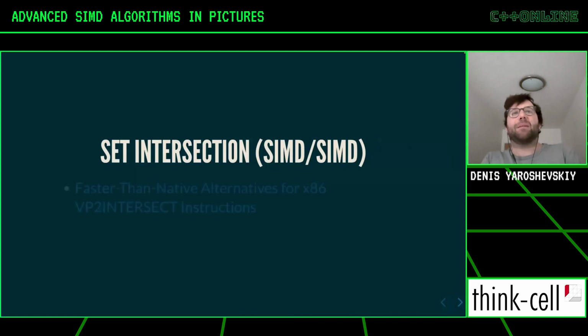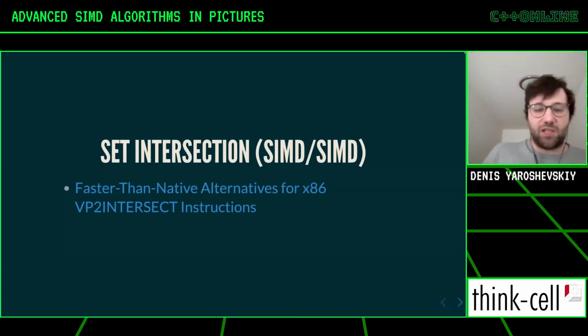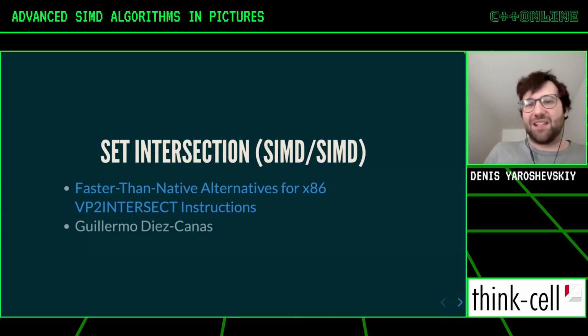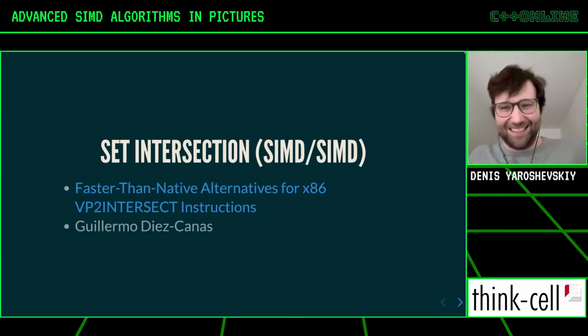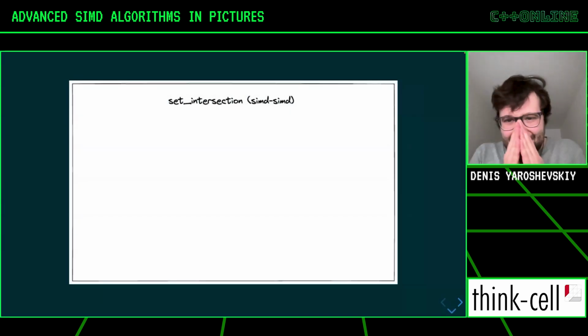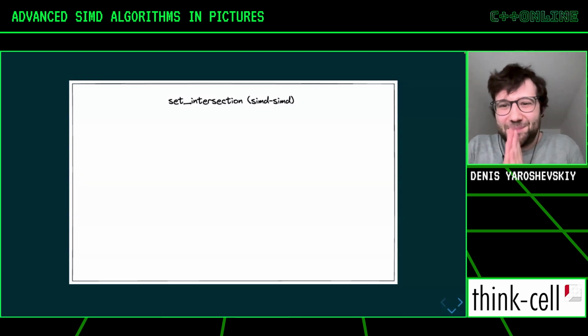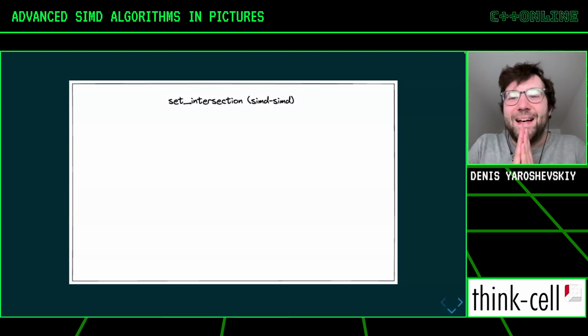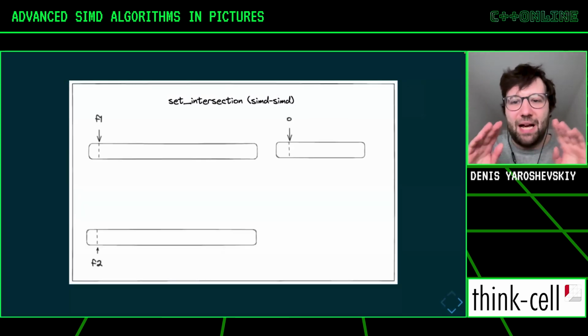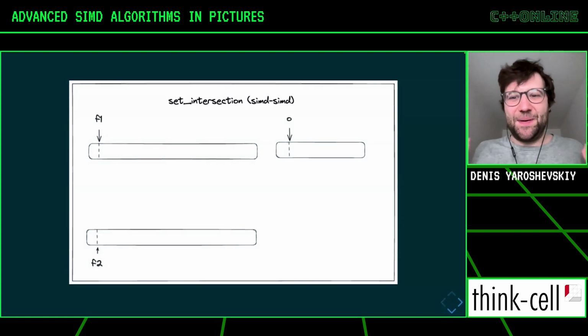The other one comes from the paper "Faster-than-native alternatives for x86 VP2INTERSECT instructions" written by Guillermo Diaz-Campos, presumably. I'm very sorry about the names. Okay, so this is how it works. We have two arrays, and this time we don't care about their relative sizes.